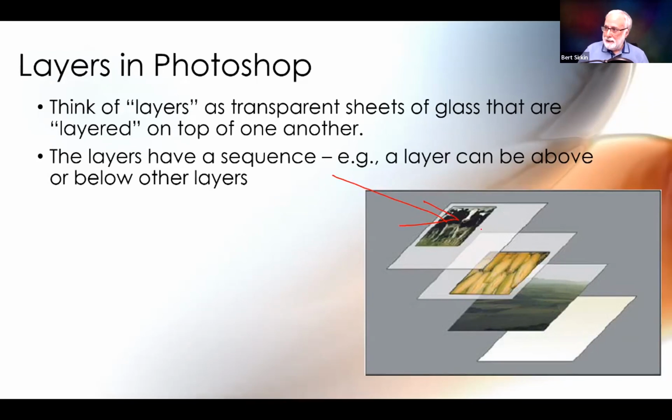So you'd end up seeing this image here, which would cover up maybe part of this over here, but you see part of this image on this side of it, and then in any open areas you'd see this image, and you'd get the resulting view of all those images. So you're looking down through a stack of glass, basically.